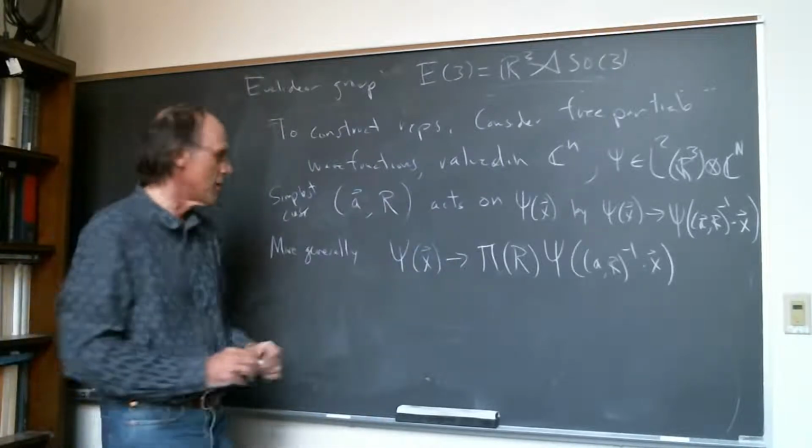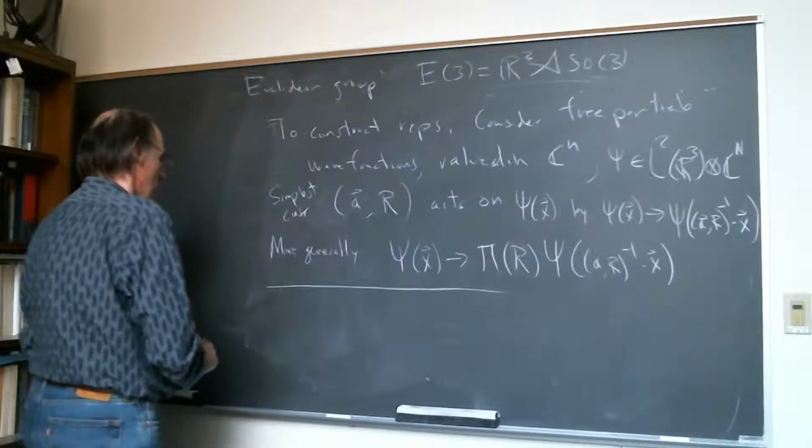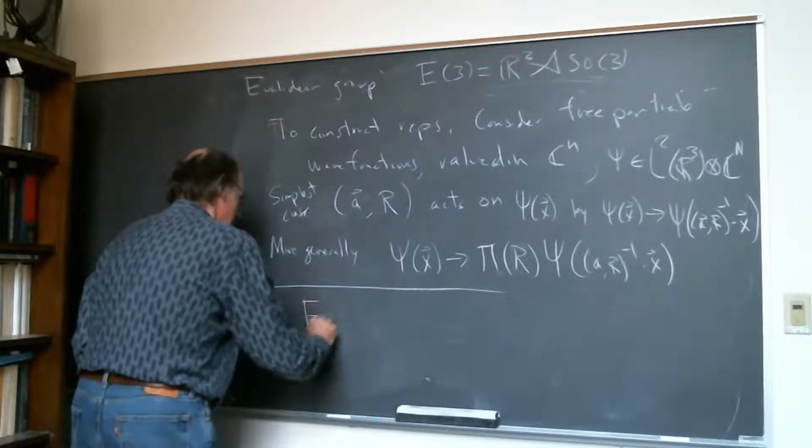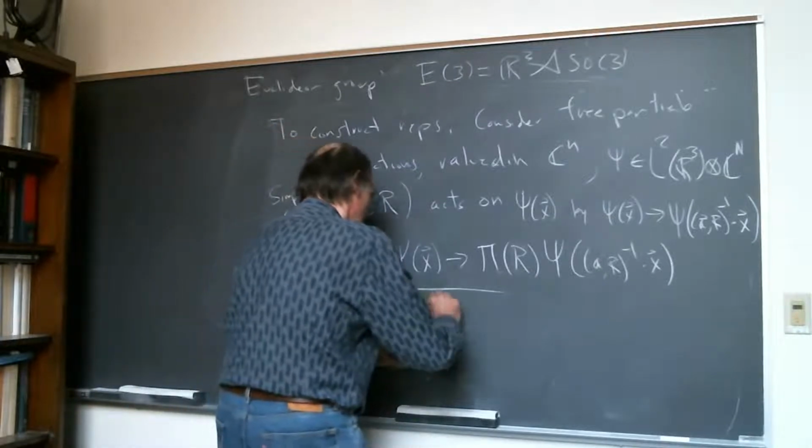So now what I want to do is take E3 and go to what's called the Poincare group.